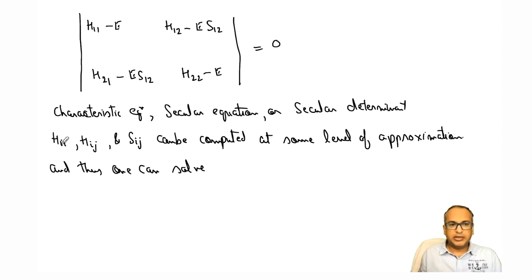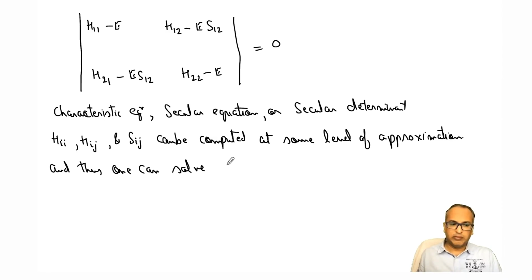Again, you can apply symmetry and group theory, or direct product to be precise, to say which of these integrals will go to 0 and which not, and that will simplify your equation.